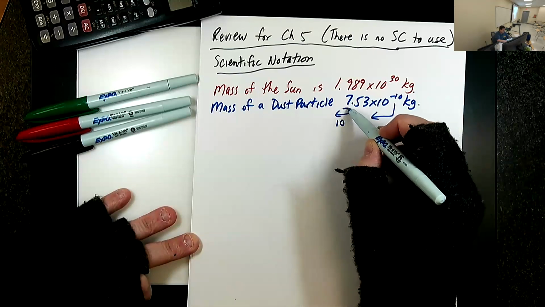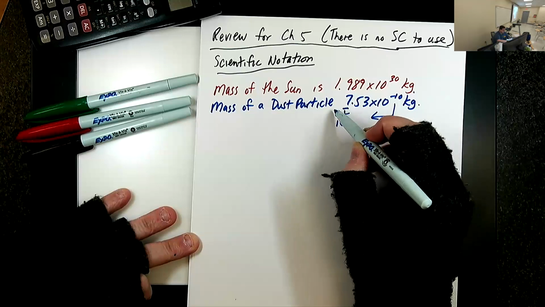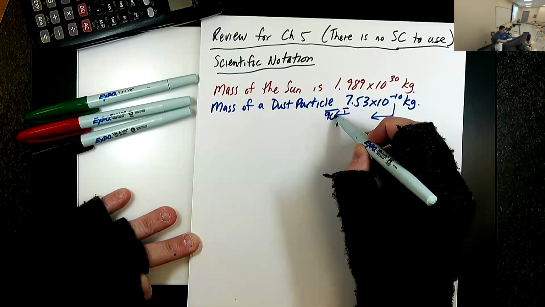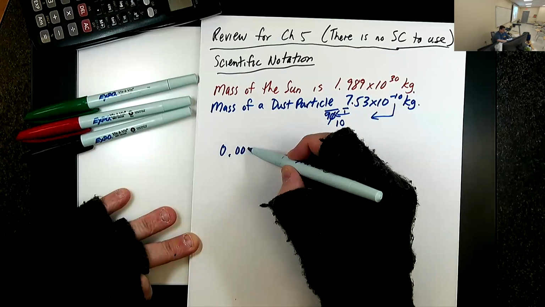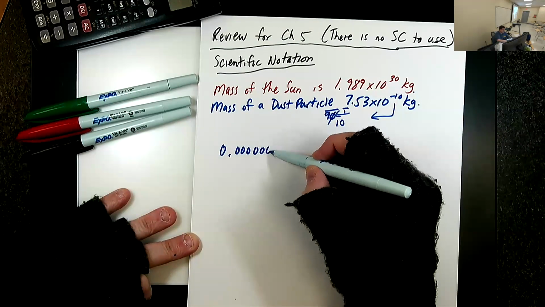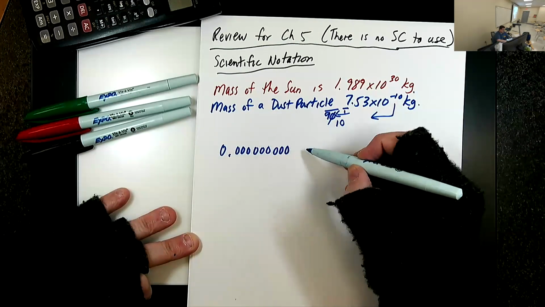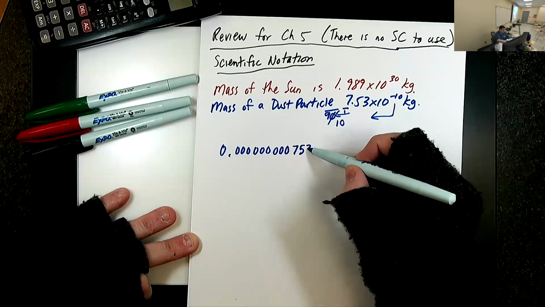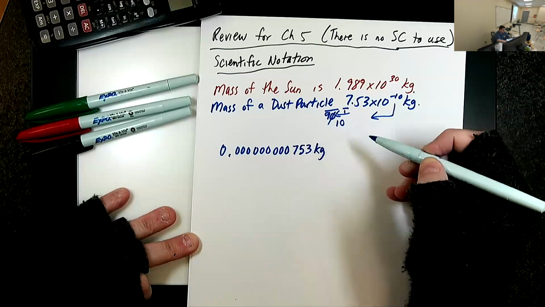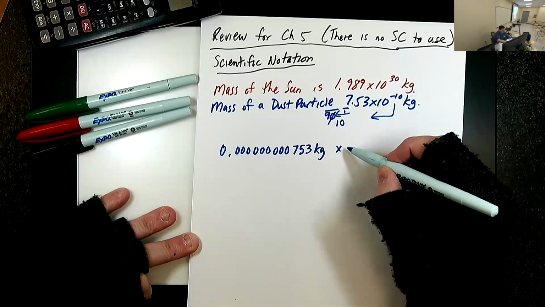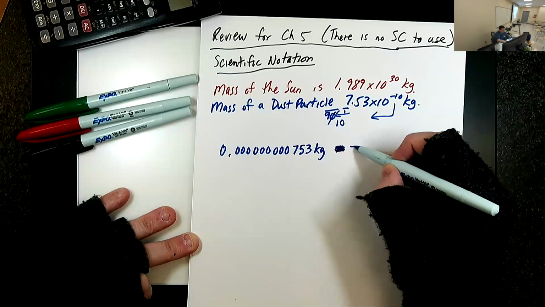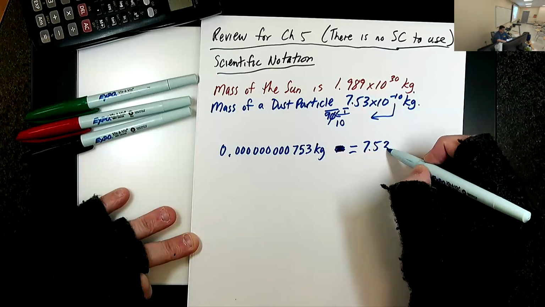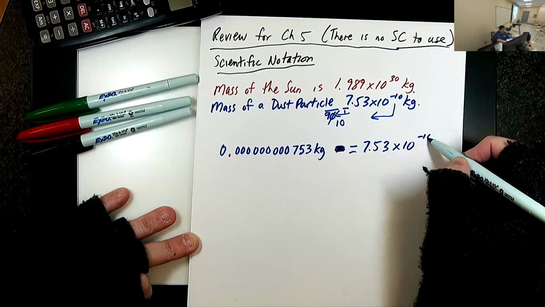I've already got one space right here, which means it needs 9 zeros. So I'm going to have 1, 2, 3, 4, 5, 6, 7, 8, 9, and then my 753. That's the equivalent of 7.53 times 10 to the negative 10 kilograms.